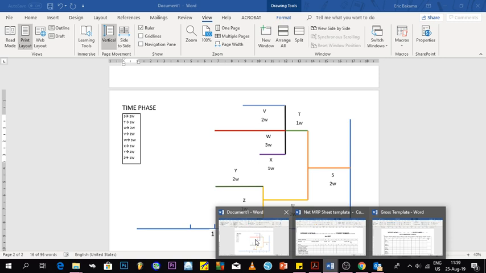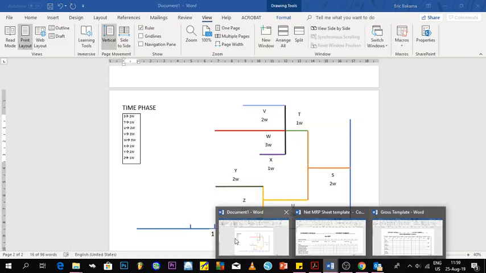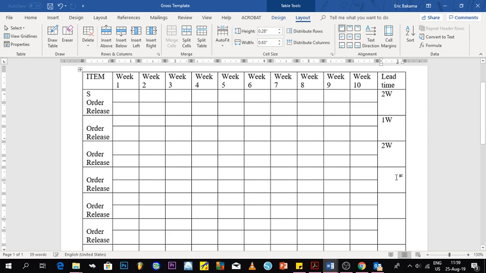So we have 2 weeks, 1 week, 2 weeks, 1 week, and here we have 2 weeks, 2 weeks, 1 week, 2 weeks. Then we have 2, 3, 1, so 2 weeks, 3 weeks, and finally 1 week.